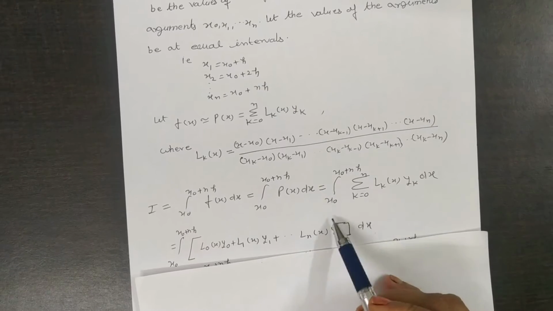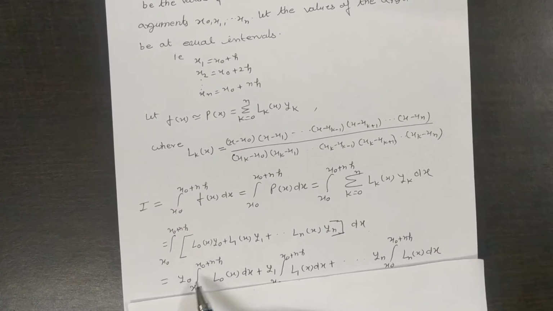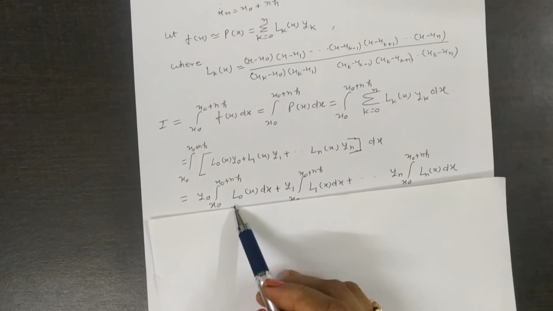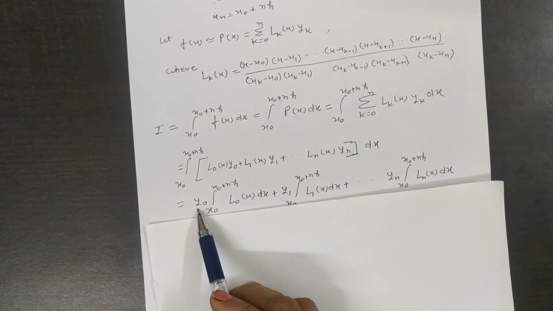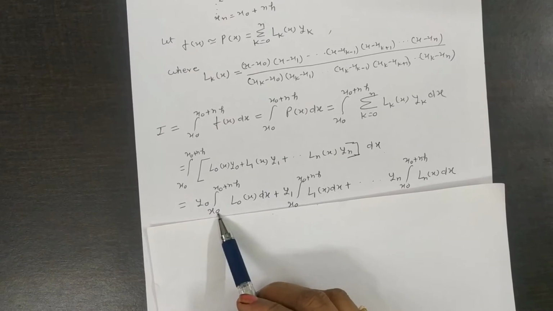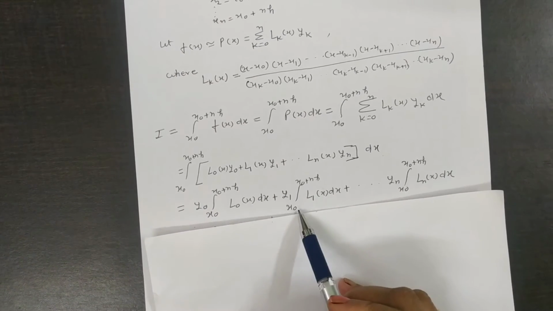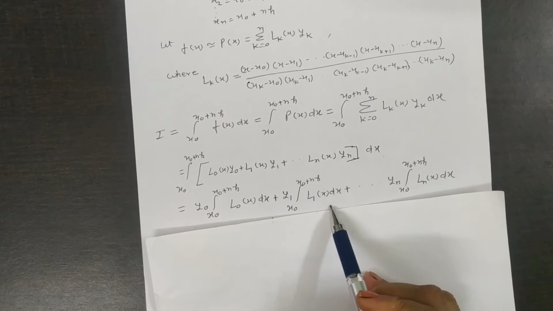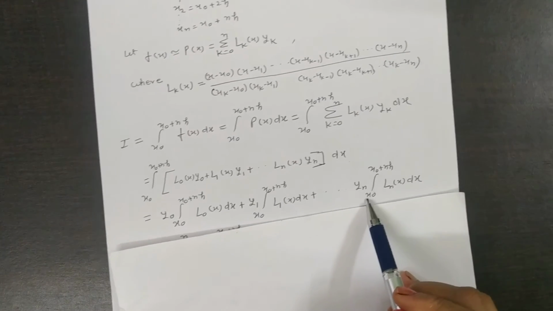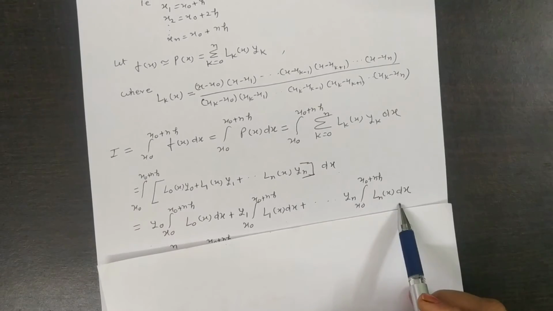Yes, clear? Now integrating from x0 to x0 + nh, we break all the terms. That is, y0 is here with L0 integrated from x0 to x0 + nh, plus similarly y1 with L1(x), and similarly yn with Ln(x) dx.